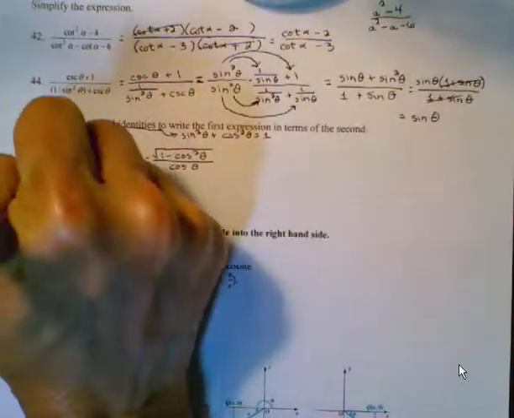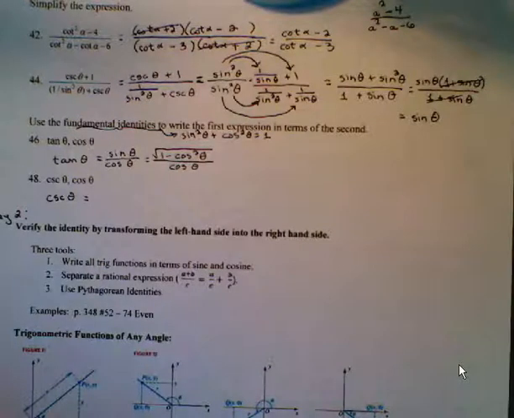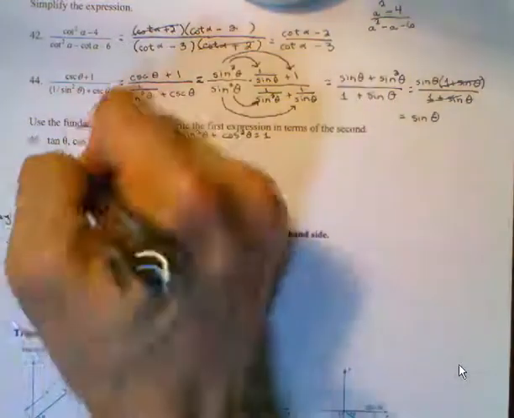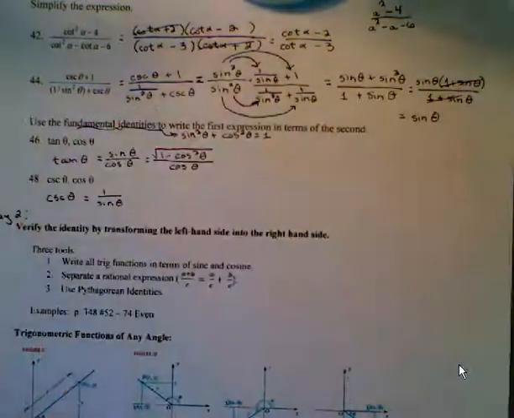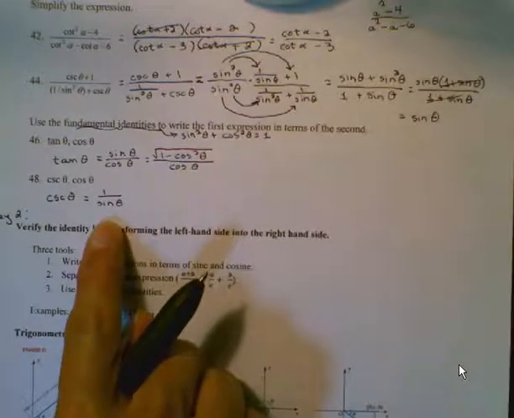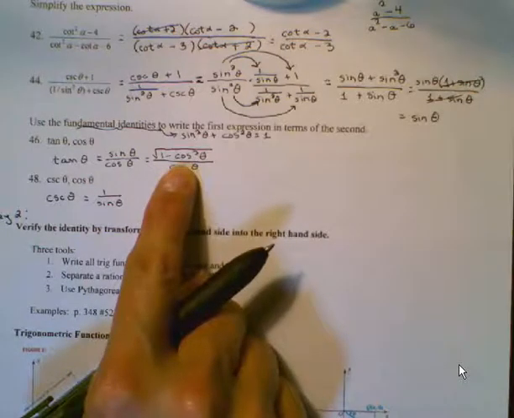This last one says start with cosecant and end up with something that only has cosines in it. Well, the definition of cosecant has a sine in it, not a cosine. But we know how to change a sine to a cosine. That's what we did right here.